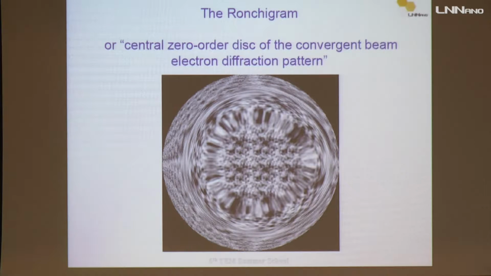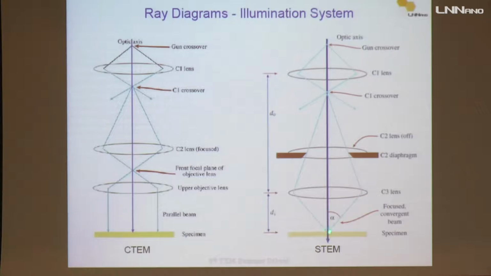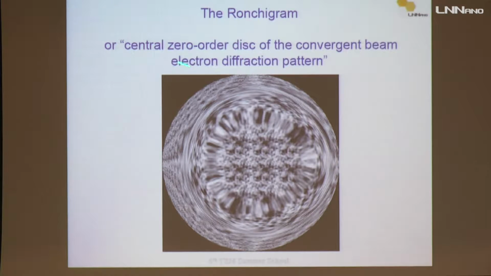Why can we say this? Because we are striking the sample with a convergent beam. With the interaction of this focused beam with the sample, we have the diffraction of the electron beam, and the zero order, the central spot of the diffraction, if you expand it, you see this appearing: the Ronchigram.